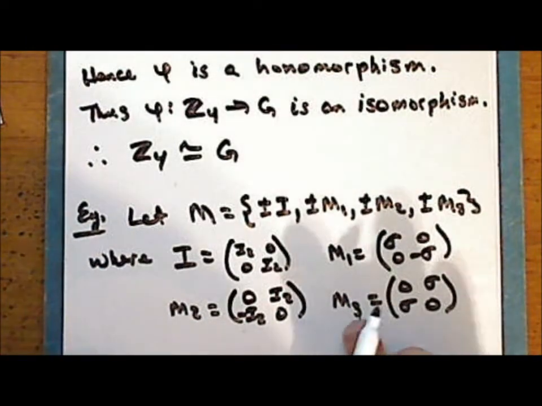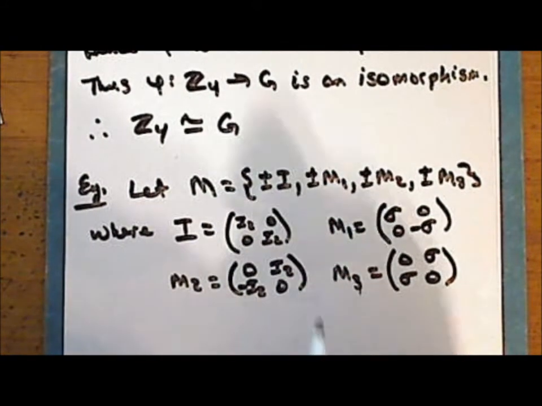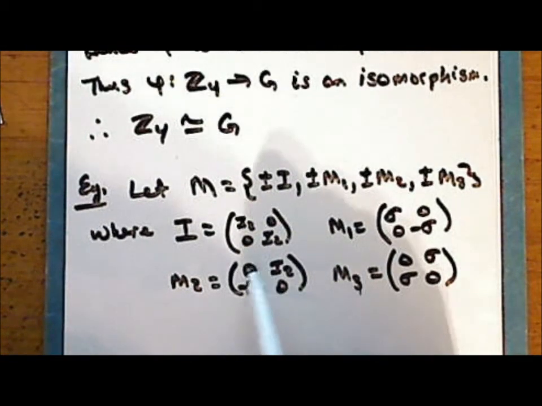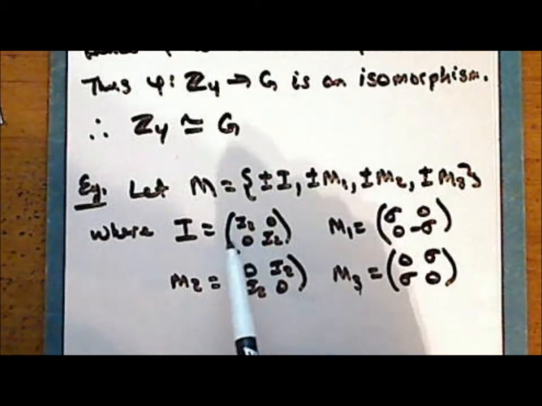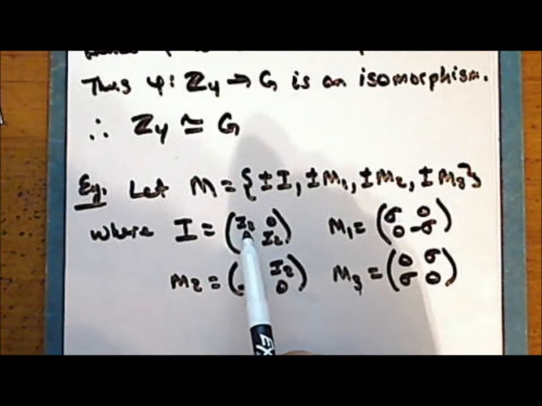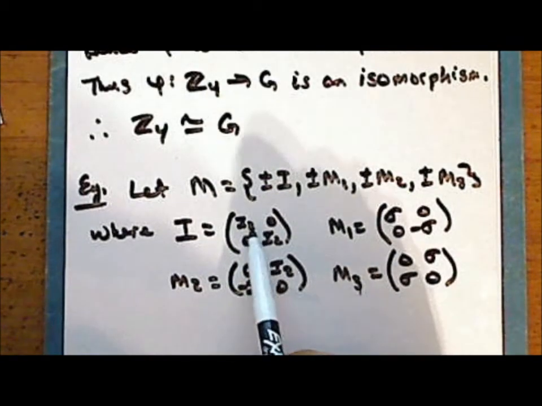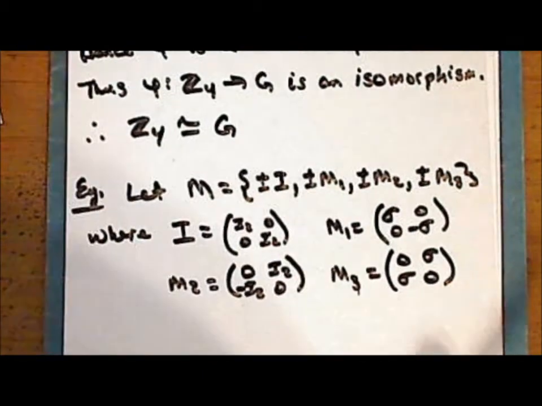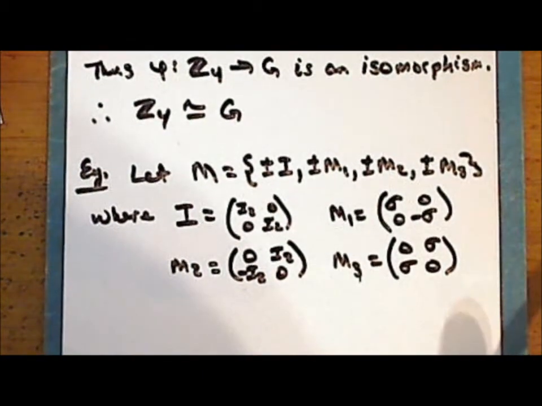Now notice that these matrices are actually 4 by 4 matrices, but we can treat them as 2 by 2 matrices, and this will make the computation easier. Notice that the entries in these matrices are exactly those elements that we just worked with in the previous example. And so we know what the product of any of these entries are.